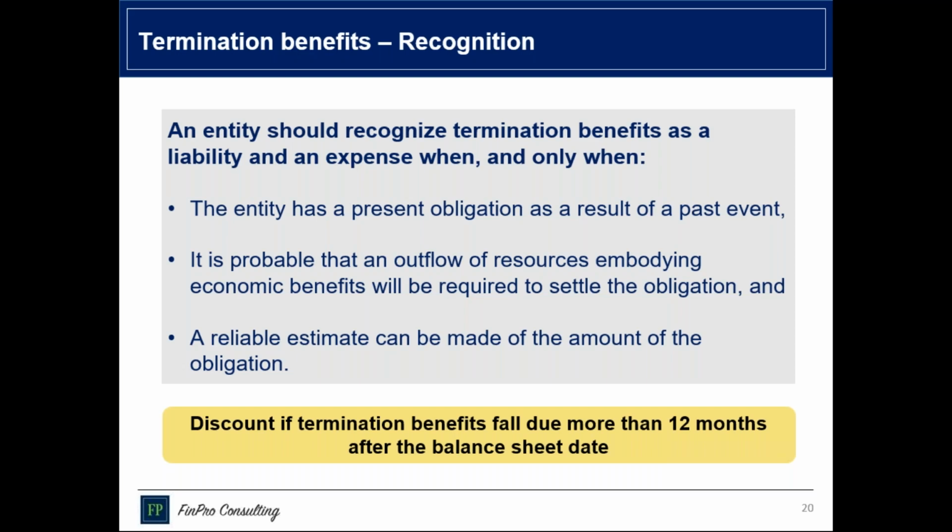Basically, it is a normal criteria which is applicable to recognition of any other liability. The only additional point here is that the amount will have to be discounted if the termination benefit is payable beyond the period of 12 months. So the main aspect was relating to the post-employment benefits in Ind AS 19 employee benefits. For any other accounting, it is pretty much straightforward.